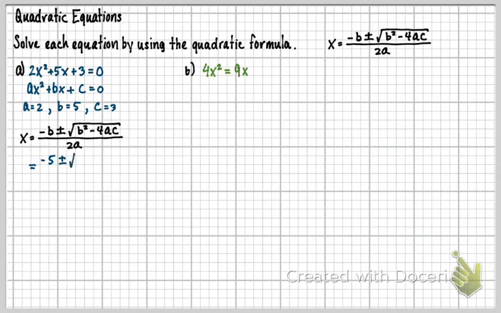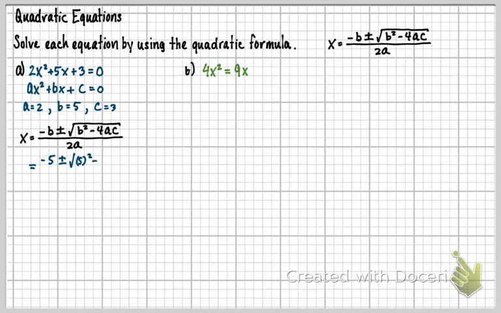That's a square root. And then I have a b squared here, so there's my b again. So that's going to end up being 5 squared. And use parentheses, because if that's a negative, it's different than saying negative 5 squared without parentheses, technically.